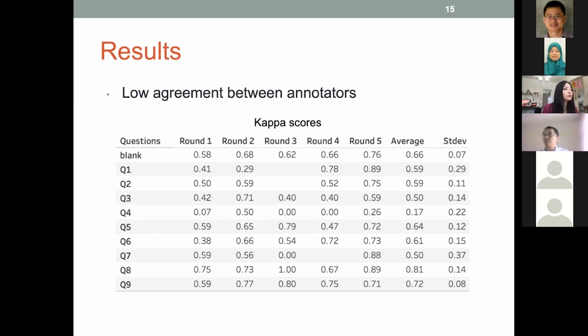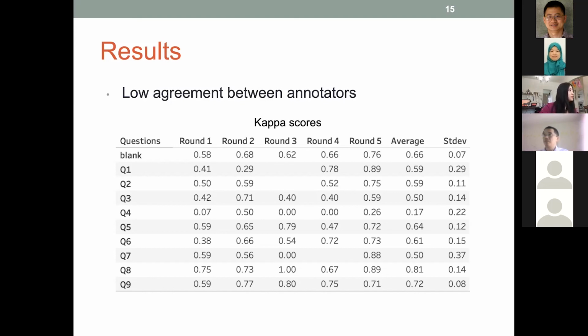Among the permission questions, Q8 and Q9, which concern the commercial use of donor data and recontact, have the highest kappa scores, and these are relatively easy to annotate. The document usually clearly says, do you give permission for us to recontact you? But the others are quite difficult to annotate.